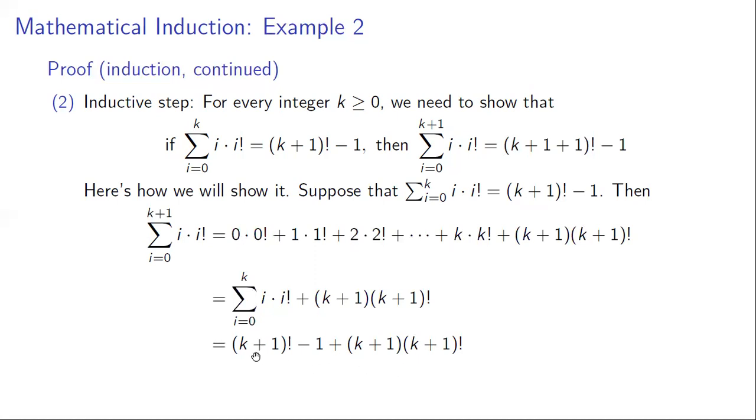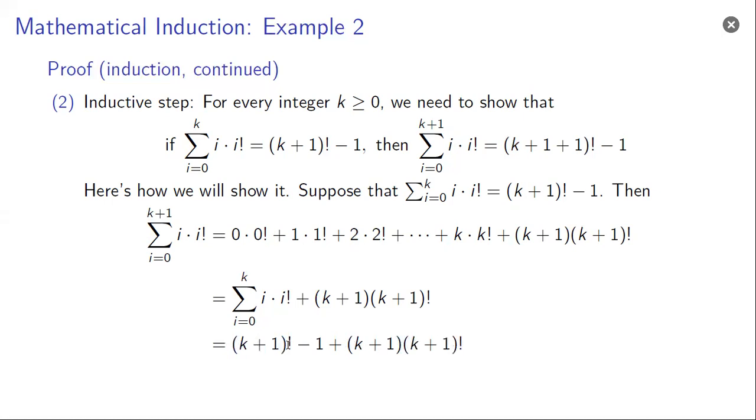What I'm going to do here is factor. Here we have a term that is just (k+1) factorial. Really, it's 1 times (k+1) factorial. Here we have (k+1) times (k+1) factorial. So we have a common factor, (k+1) factorial.